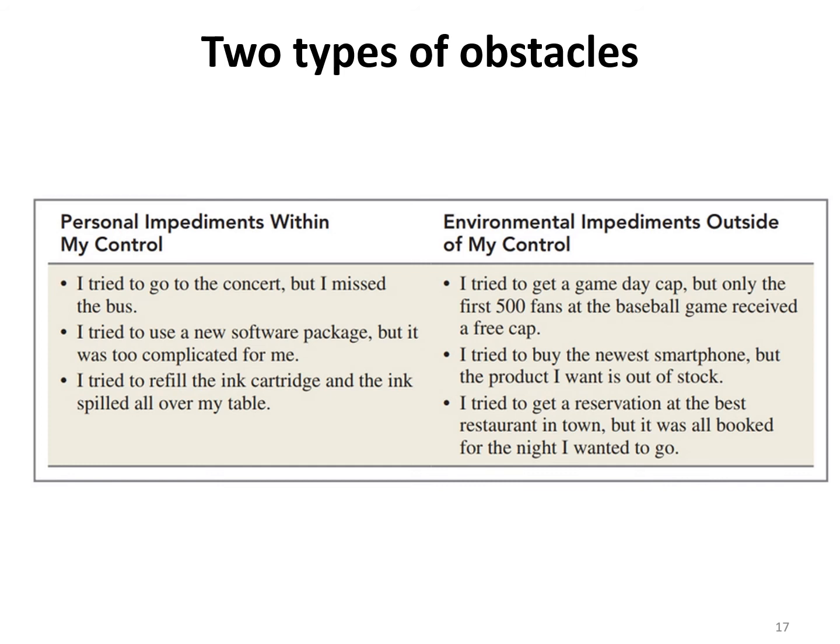They want to buy a specific smartphone, but they found out that the stock is out, not available. And then the third one, I tried to get a reservation at the best restaurant in town, but it was all booked for the night I want to go. So this is something outside the control of a consumer.